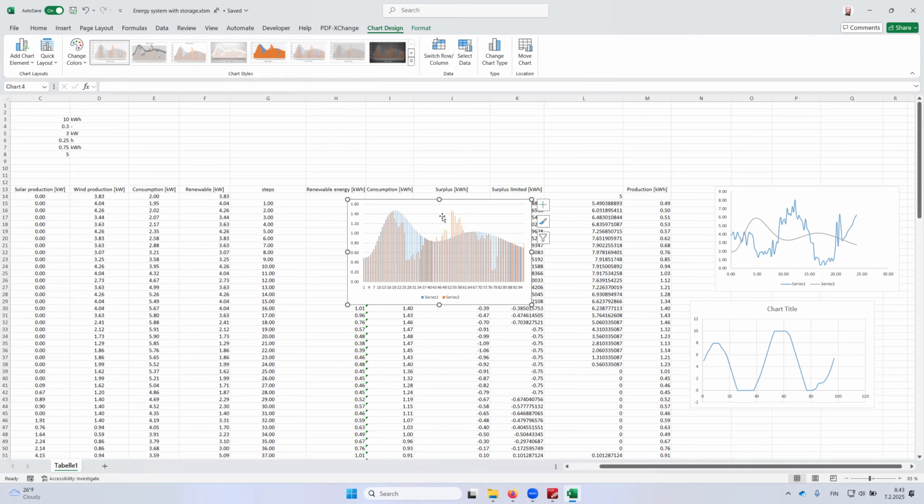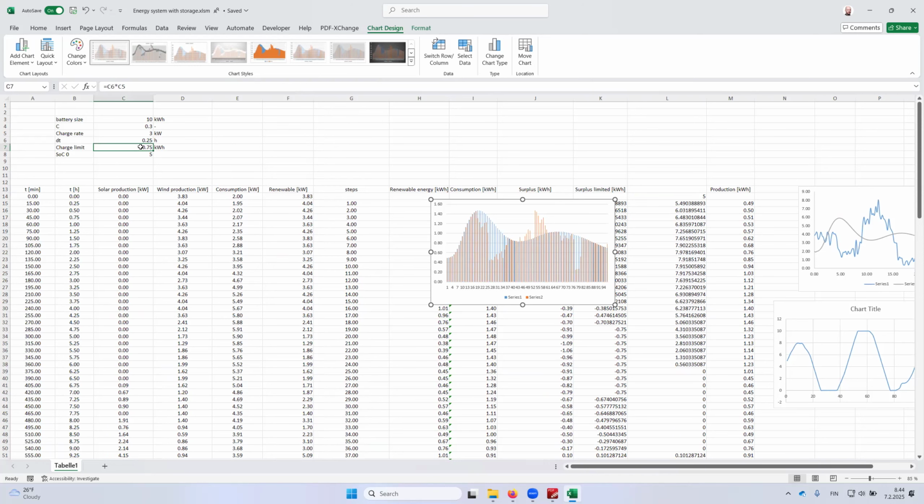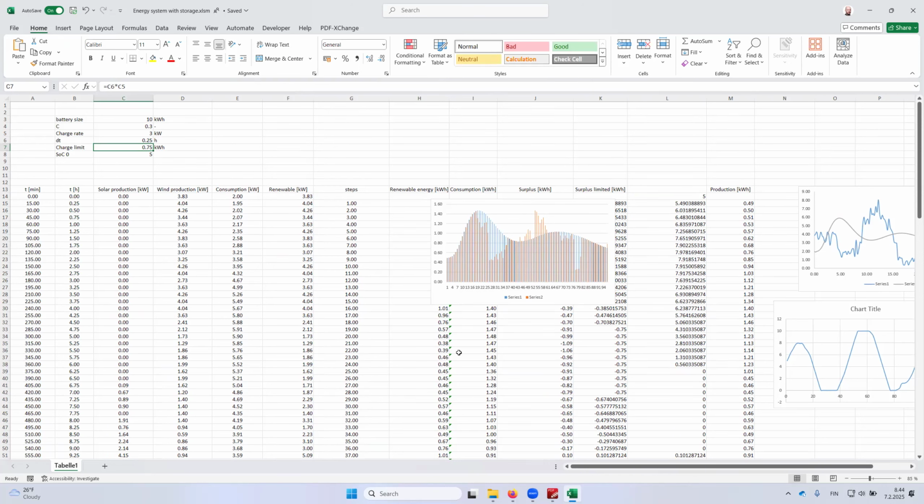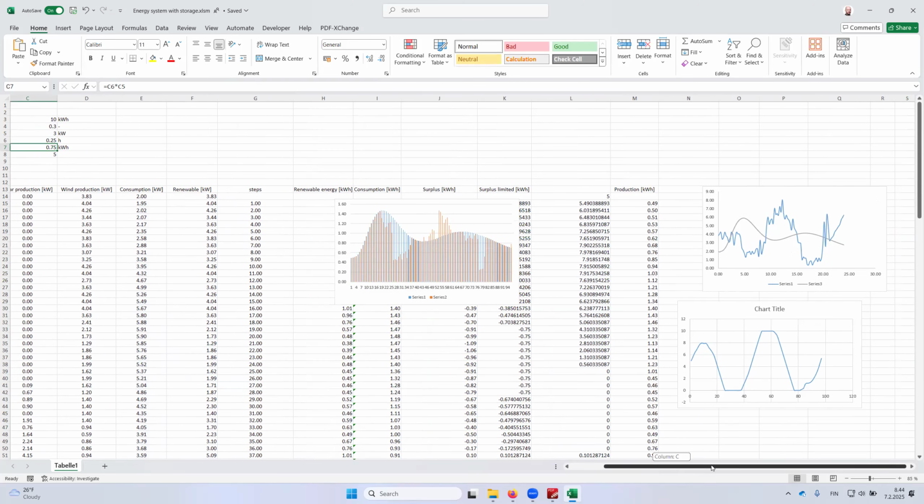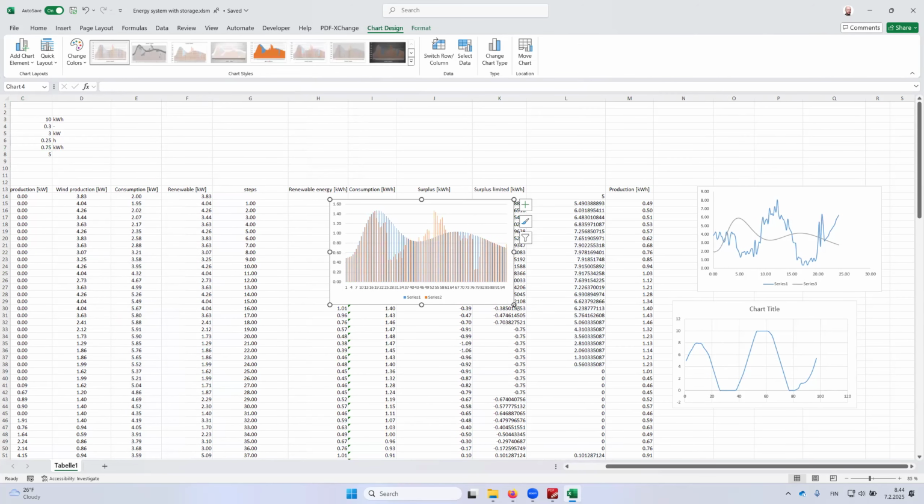So that represents this part in here. Too much energy for the battery, so you cannot do anything with it. In here, it's limited by the maximum amount that you can fit into the battery. So it's this part, I guess. And these spikes represent the limit of the charge. So you cannot fit during 15 minutes more than a certain amount to the battery. So that's the capacity limit and that's the charge limit.